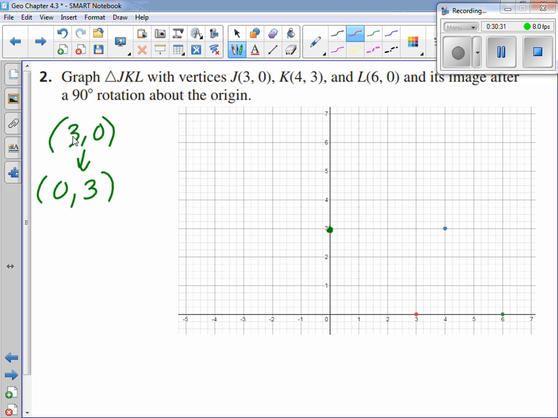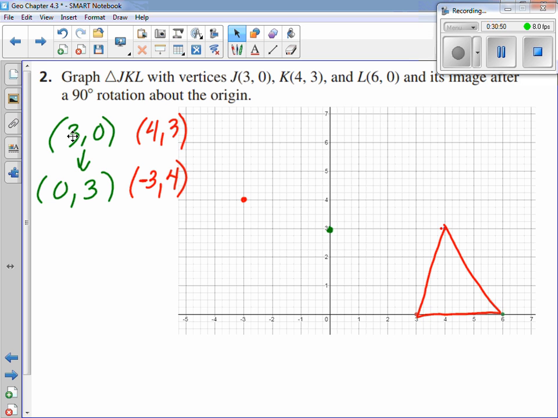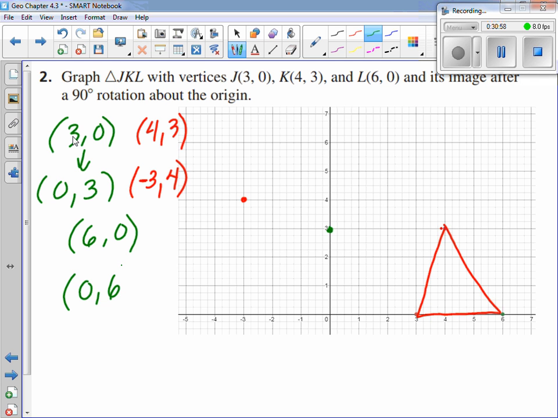All right, the next point starts at 4, 3. Well, I flip it and make the first one negative, so I would have negative 3, comma 4. And lastly, we have 6, 0, which would be 0, comma 6.